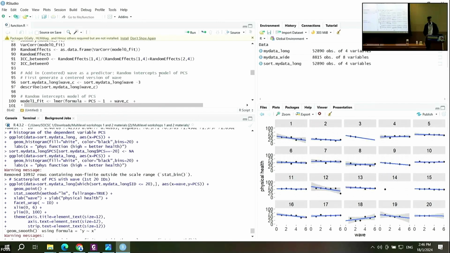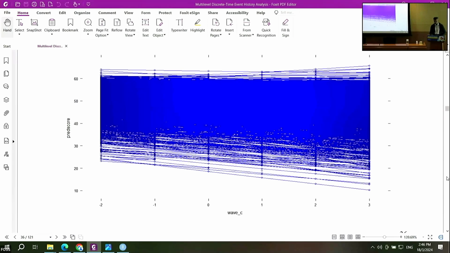Okay, so I will perhaps let you loose to do all of these exercises by yourself. But what you see over here is one of the predicted charts from the models. So we've got the physical functioning decreasing on average as people become older, as wave increases, but also variability in that decline between people.